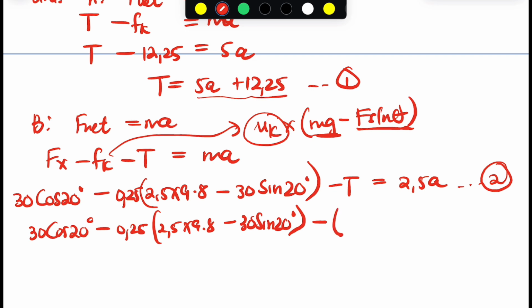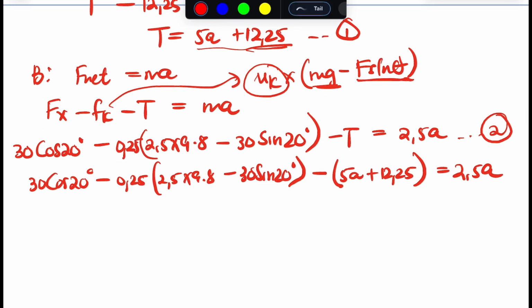We have two terms there, so we have to put them in a bracket. It's going to be 5a plus 12.25 equal to 2.5a, right? So when you do the math here, which is punching this in, and then this is going to be minus, you minus with that.